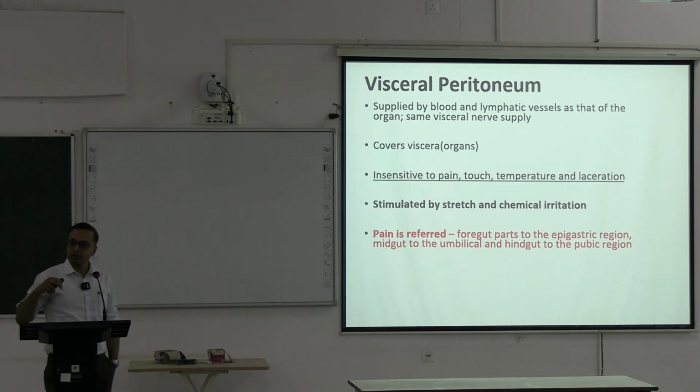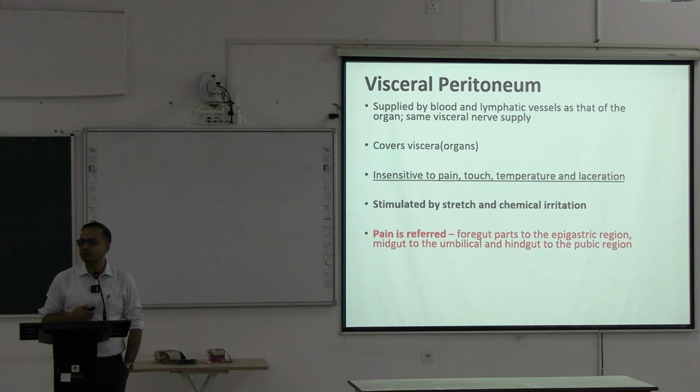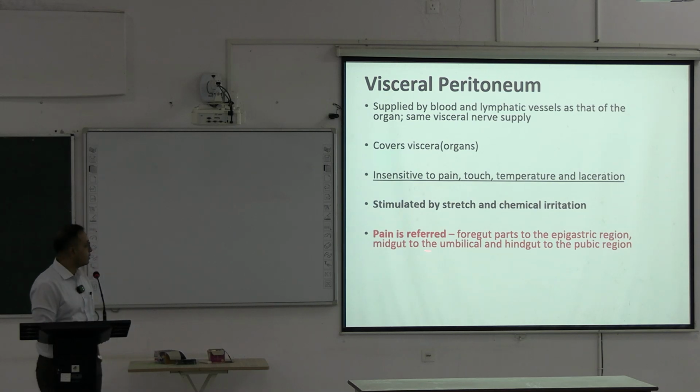In case of a foregut problem, the pain is referred to the epigastric region of the individual. In case of a problem in the large gut, it usually refers to the lower part of the body like the pubic region or the iliac fossa. If you have a problem related to the midgut, it refers to the umbilical region.